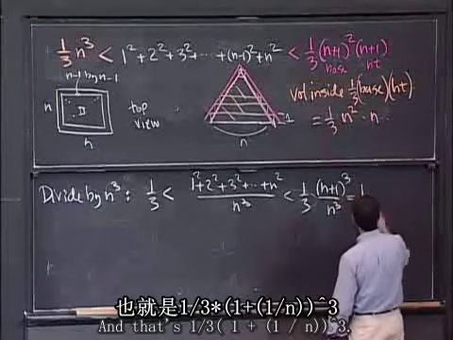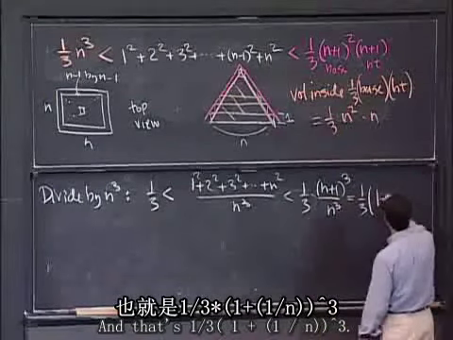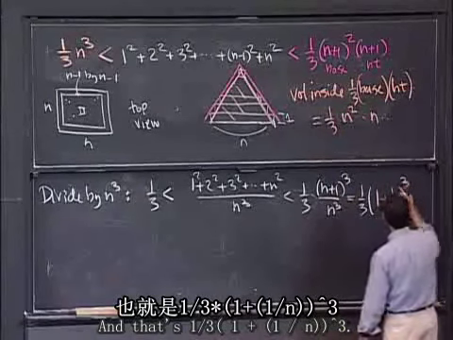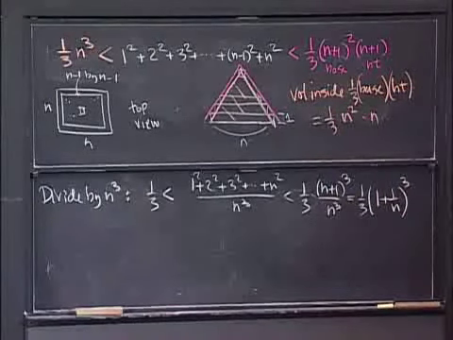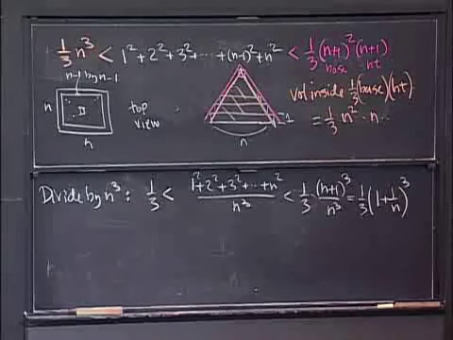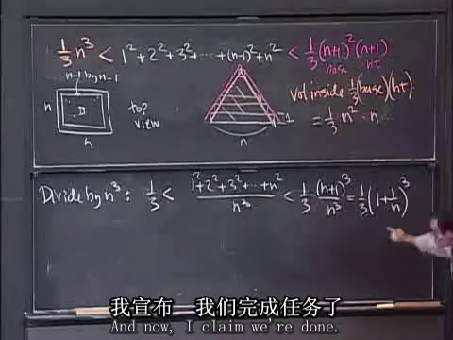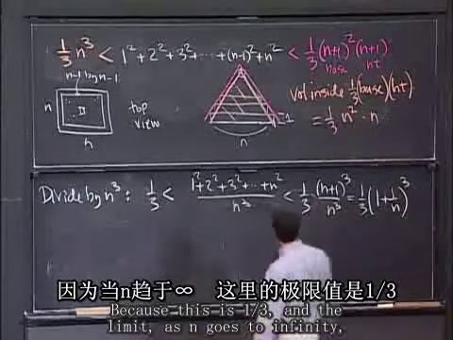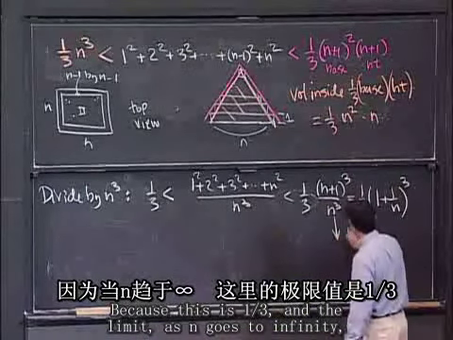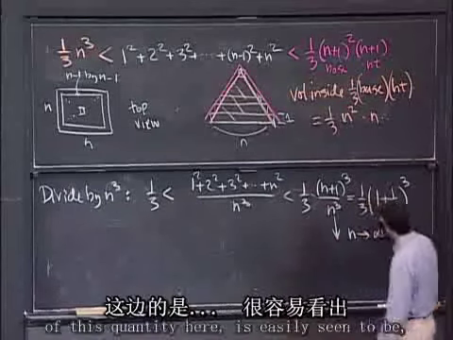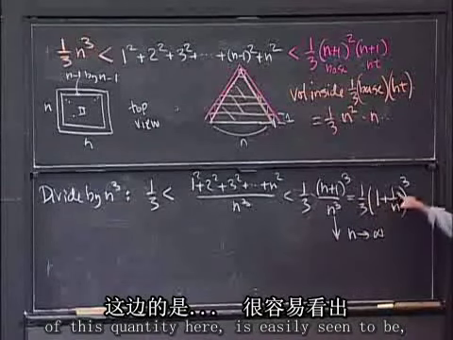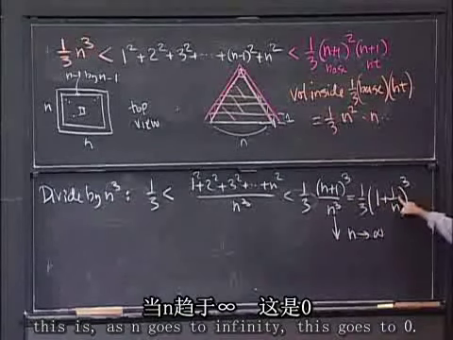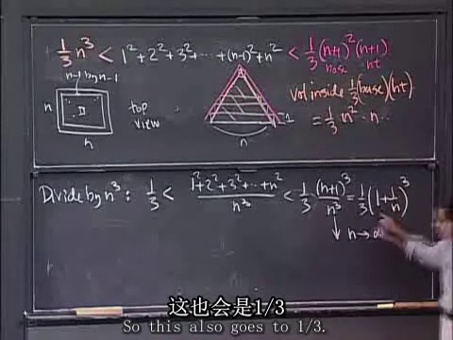And that's a third times (1 plus 1 over n) cubed. And now I claim we're done, because this is a third, and as n goes to infinity, this quantity here is easily seen to go to 0. So this also goes to a third.